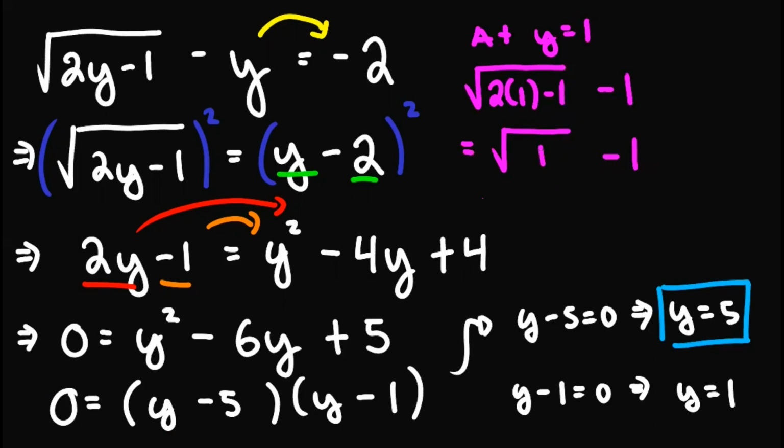And note that when simplified, this is 1 minus 1, which is equal to 0. So it is not equal to negative 2. So y equals 1 is not a solution to this problem.